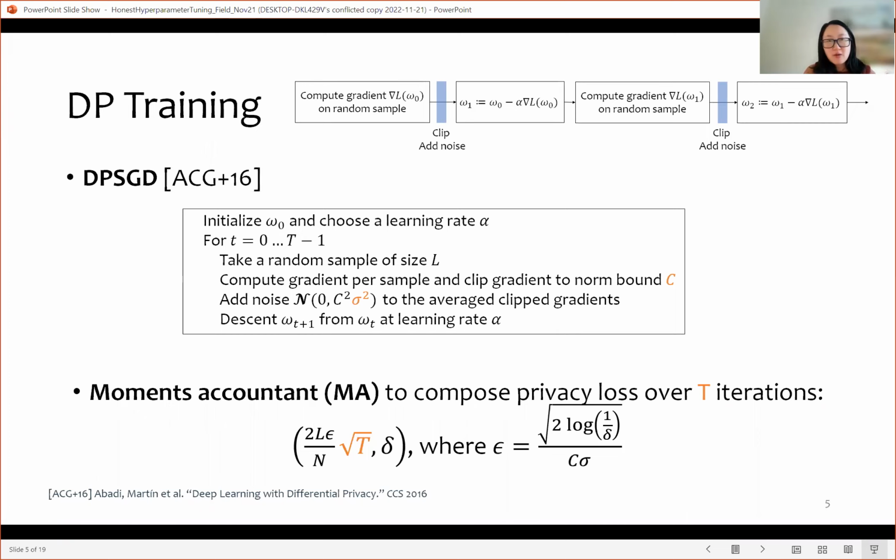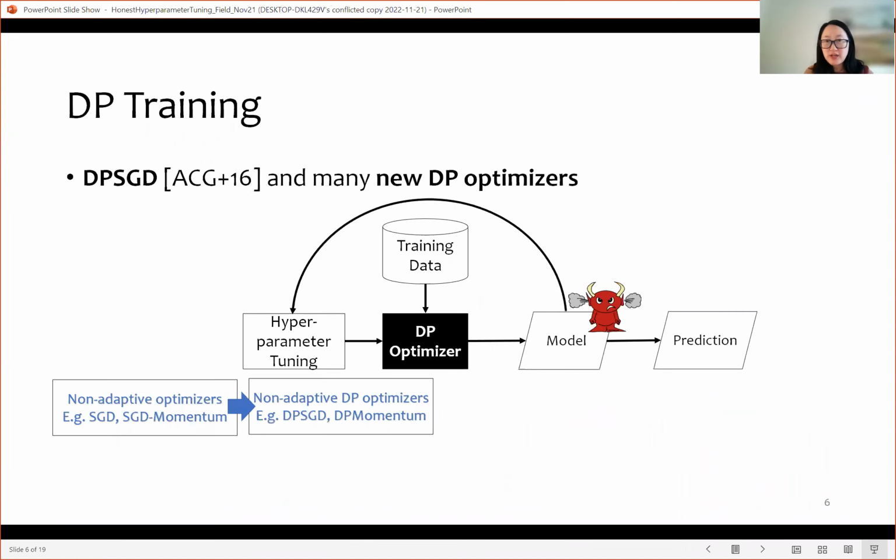There are a number of more advanced, better DP optimizers proposed in the last few years after DPSGD. There are versions of non-private optimizers adapted to the private setting, such as DP momentum. There are also optimizers that have been popularly used in language processing, such as Adam.